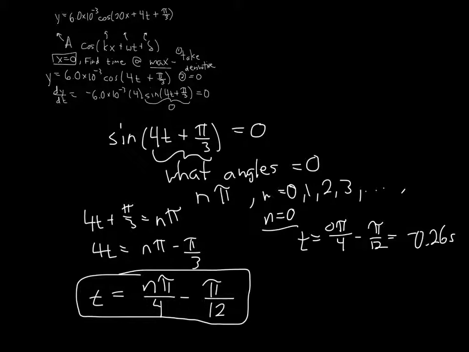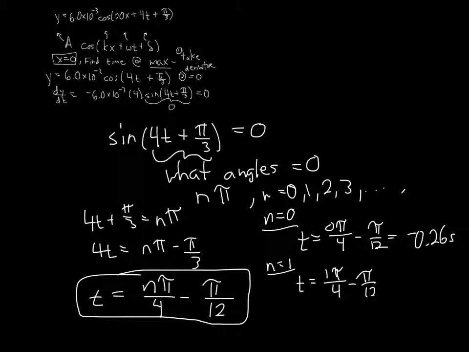Then to find additional answers, we can plug in more values of n. We can find a time for n is equal to 1. This is going to be the next time that we're going to get a maximum value from this wave. We plug in t is equal to 1 times pi, all divided by 4, minus pi over 12.